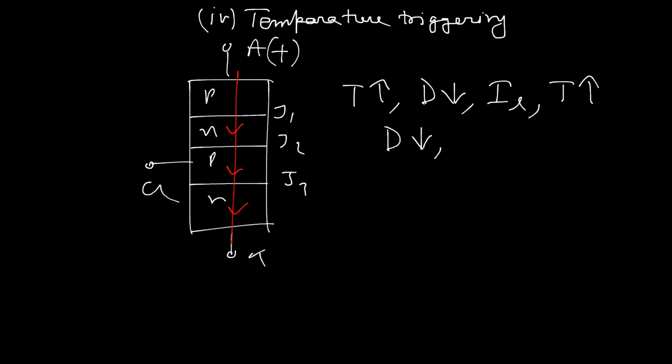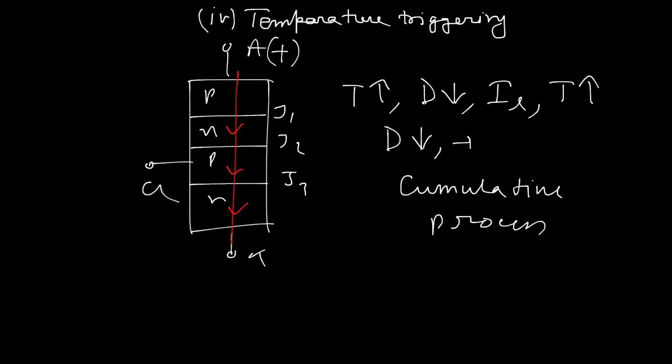That means it is a kind of cumulative process. And once the depletion layer is completely vanished, the device is in working condition, or on state. So this is all about temperature triggering.